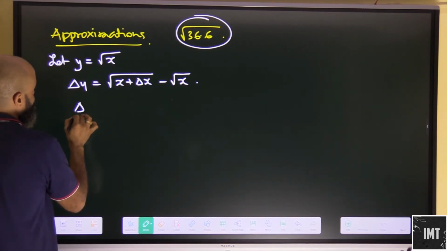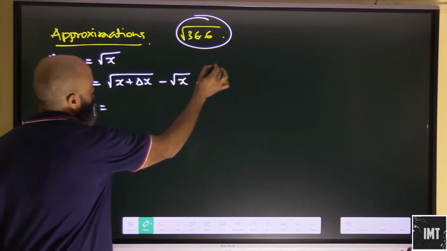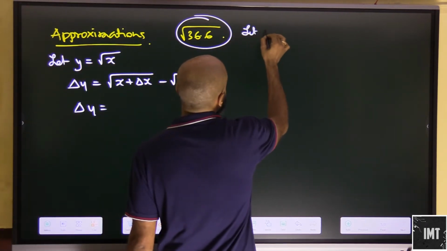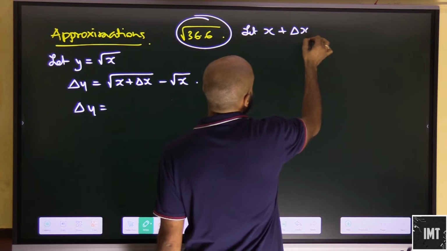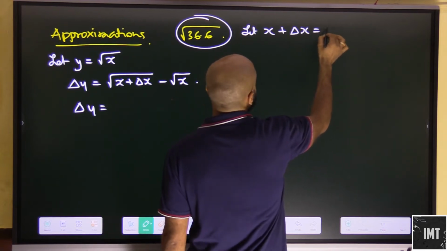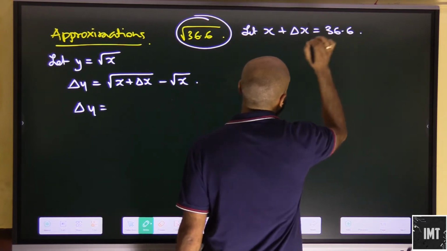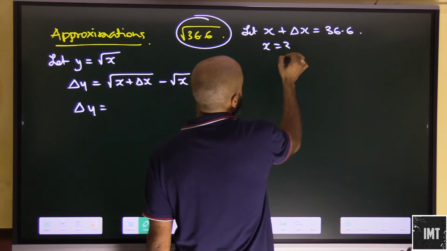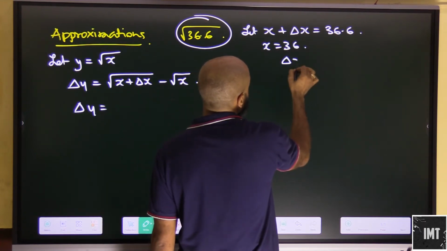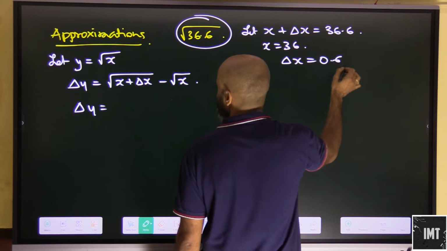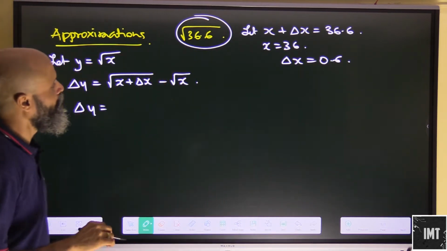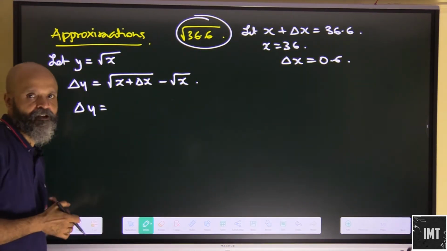So let x plus delta x be equal to 36.6, where x is equal to 36, so obviously delta x has a value of 0.6.